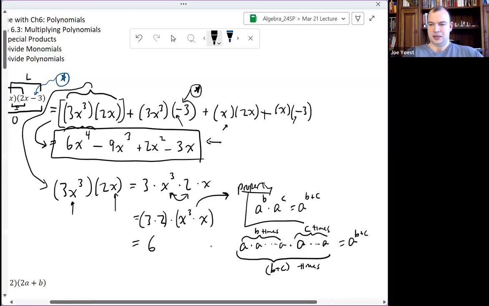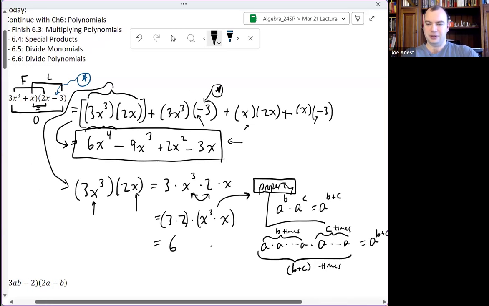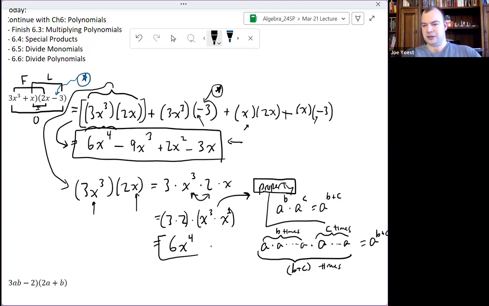So this was a property of exponents that we had in a previous lecture. And we see that it does apply here. X to the third times, well, this x is really an x to the first. We have the same base, we add the exponents, that's x to the 3 plus 1, or x to the fourth power.